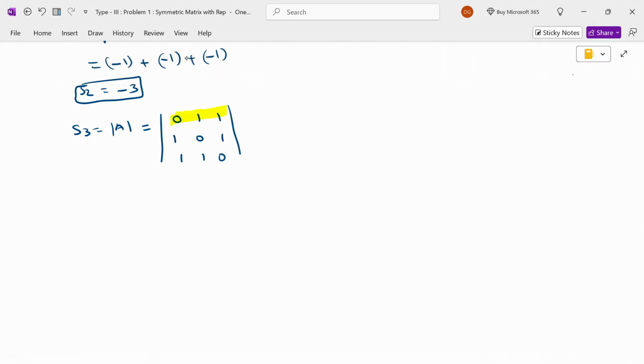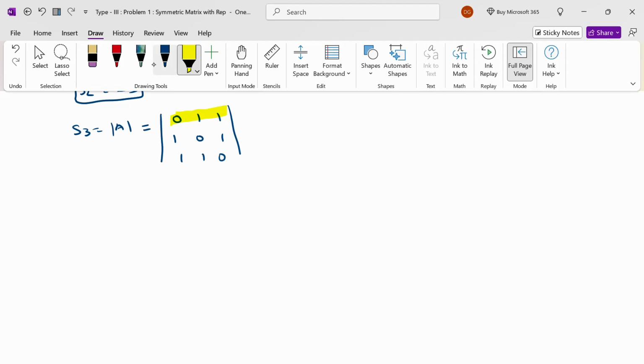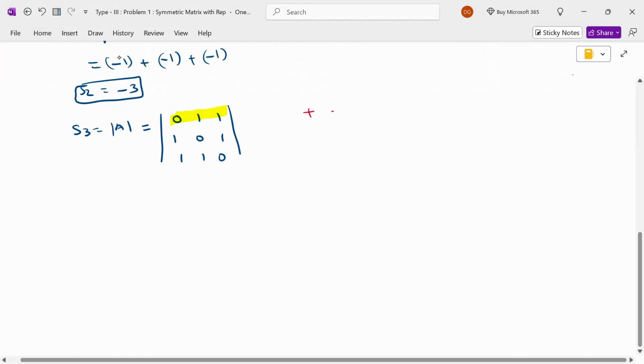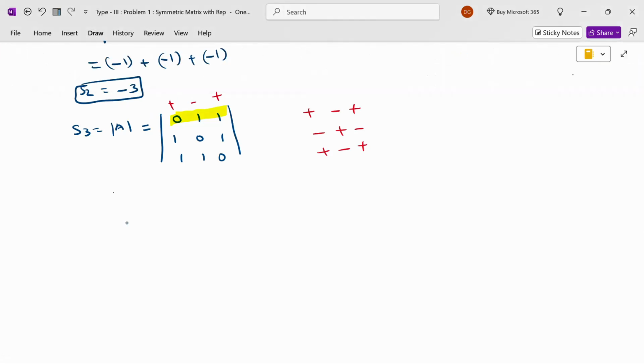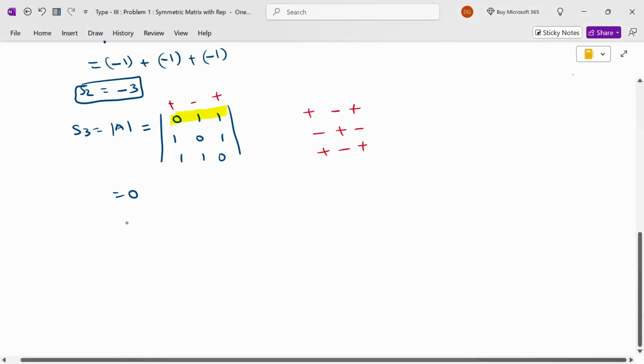So now, when I choose the first row, the sign pattern is plus minus plus. To calculate this determinant, when I select 0, 0 times any minor matrix is 0. Next is minus 1.